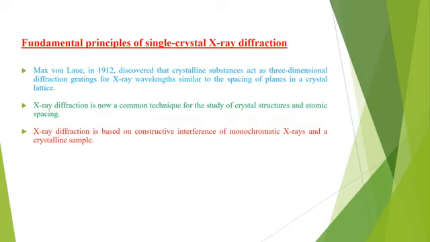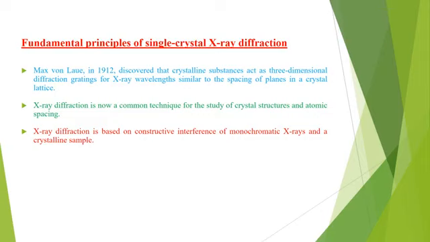Fundamental principle of single crystal X-ray diffraction. Here we have a look at how the fundamental principle of single crystal X-ray diffraction was discovered. Max von Laue in 1912 discovered that a crystalline substance acts as a three-dimensional diffraction grating for X-ray wavelengths, similar to the spacing of the planes in the single crystal lattice.